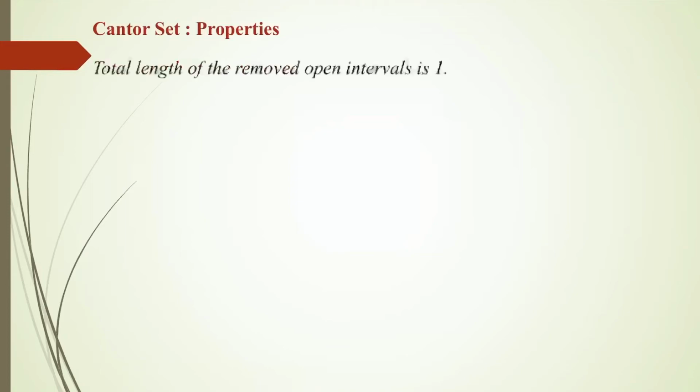Now the next property is that we are constructing the Cantor set by removing successively open middle thirds. So the total length of removed open intervals is equal to 1. So in the first stage, when we construct F1, we will remove open interval (1/3, 2/3), which is of length 1/3.